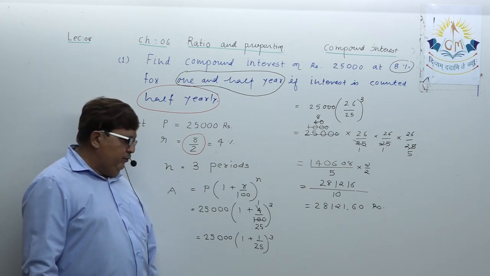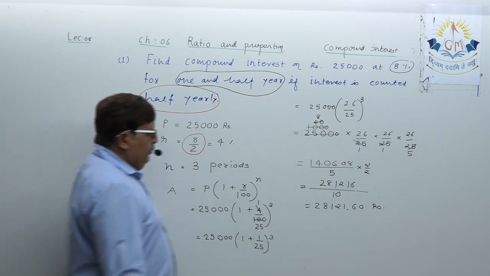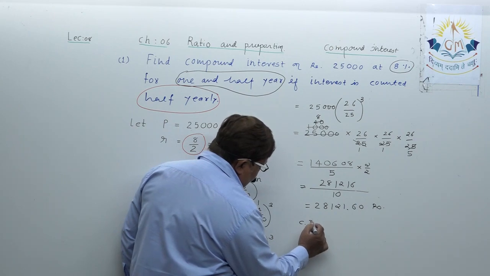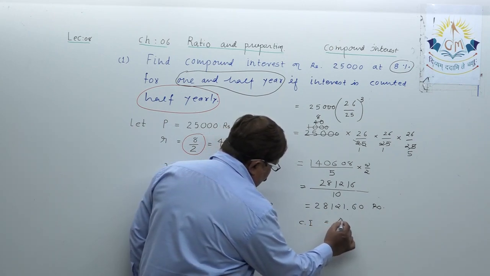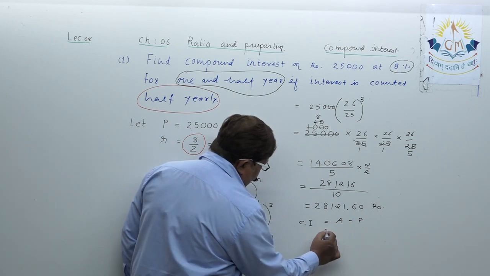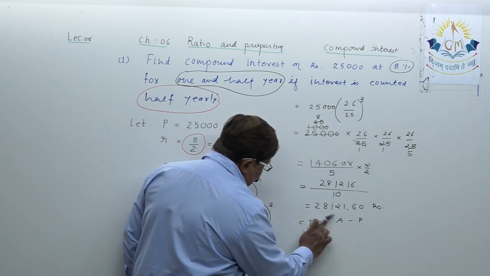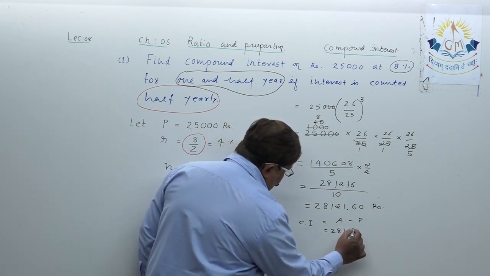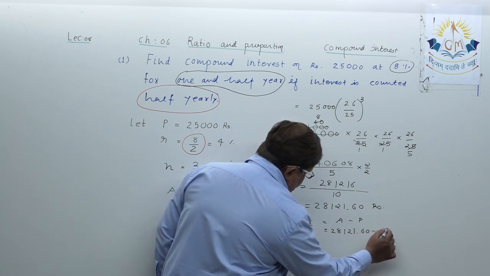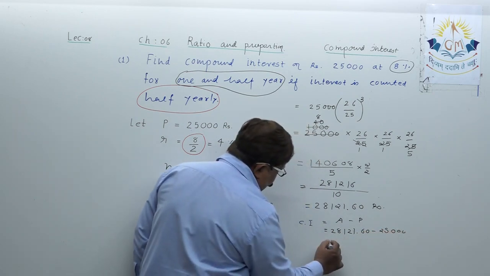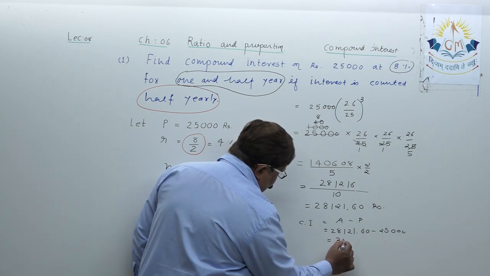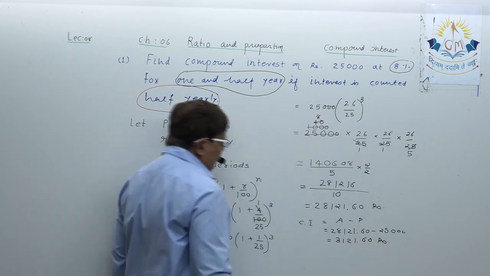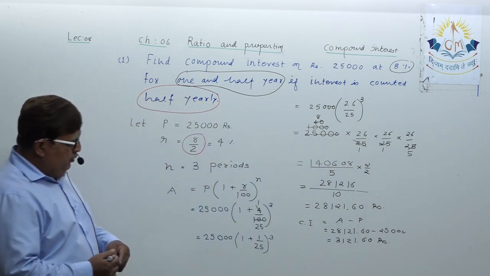So we got, dear student, the compound amount. Let us get CI. CI, as you know, is A minus P. A, that is 28,121.60 minus 25,000. This is going to be 3,121.60 rupees.